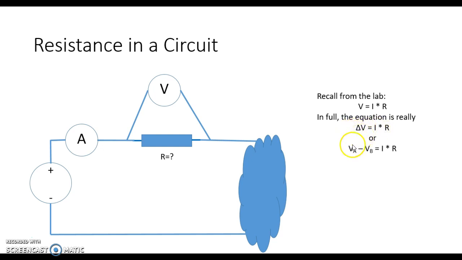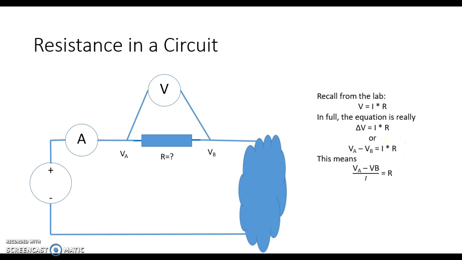It means the voltage as seen across that component: the voltage at the beginning of the component minus the voltage at the end. It's the difference between the voltage at this point versus that point, which is equal to the voltage being dropped within the component itself. So V_A minus V_B is equal to I times R.